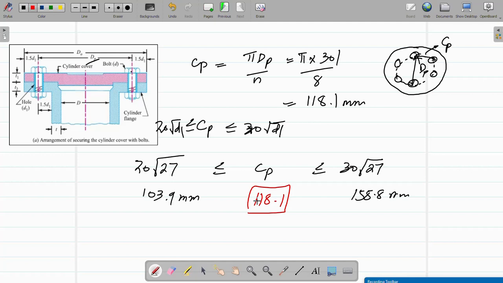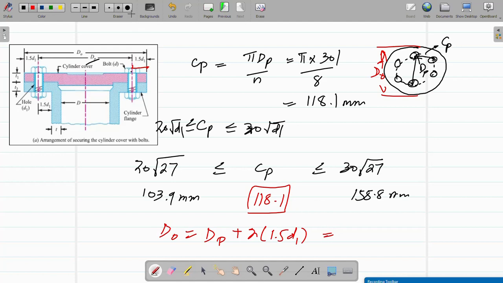The last thing we have to do is design the thickness of the cover plate. So first we have to find d naught. If this is the cover plate, d naught is the outer diameter of the cover plate, and it's very simple from the diagram. The diagram says that d naught is dp plus 2 times 1.5 d1.